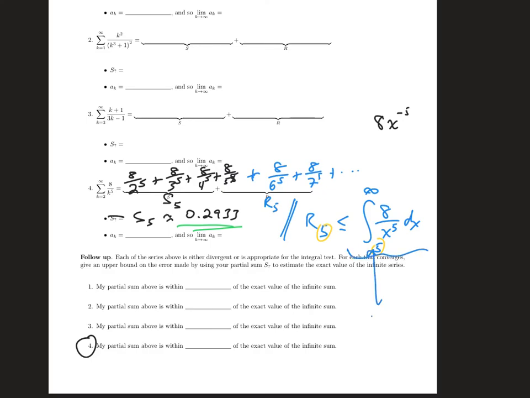So that's an estimate for the entire infinite series, the entire thing going on forever. The S5 is my estimate, and I know that that is within 0.0032 of the exact value of the infinite sum.